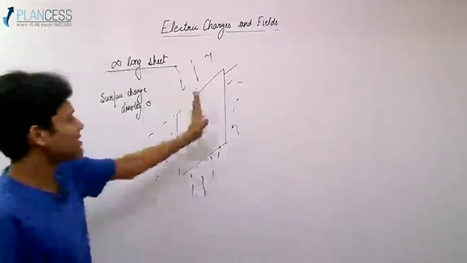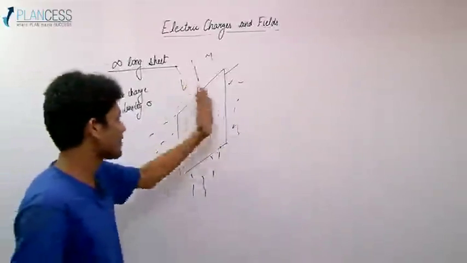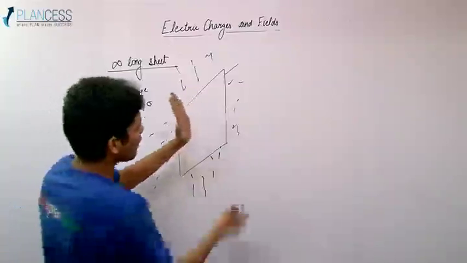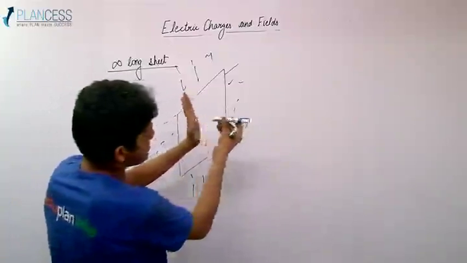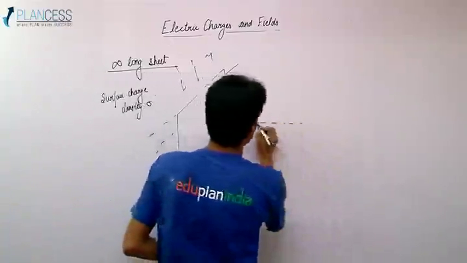It is coming out of the plane, but I have drawn its projection like this. And I have to calculate the electric field at a distance x from this. So let us consider a point at a distance x from it.